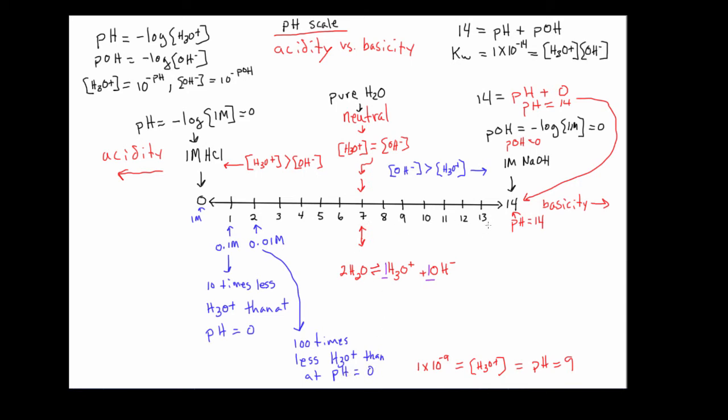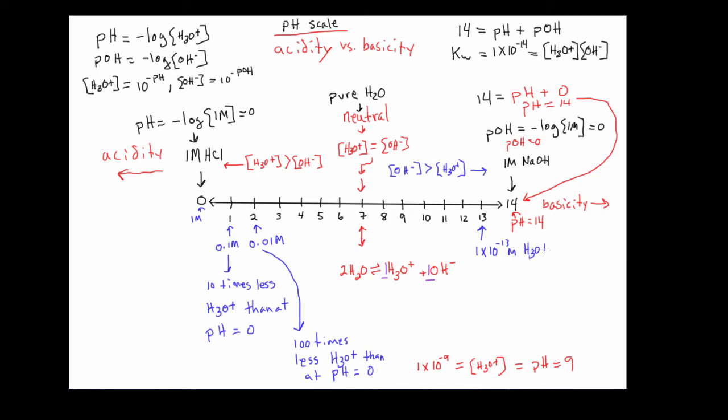All right, now, if we come all the way down to this end of the scale, and remember where we're at with this deal, is that as we move from 7 towards 14, the concentration of OH minus is increasing, the concentration of H3O plus is going down. So pH 13 means that the concentration of H3O plus is 1 times 10 to the minus 13th molar.